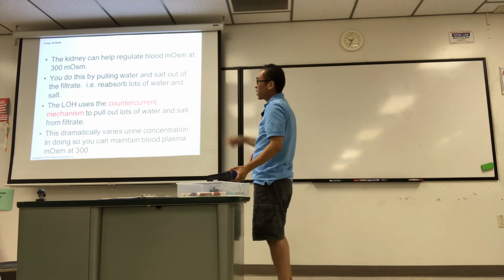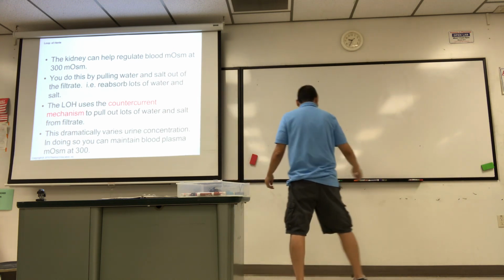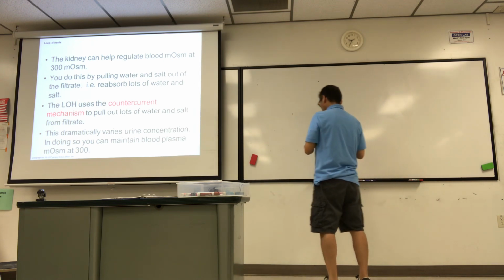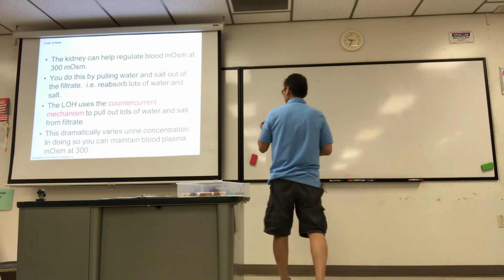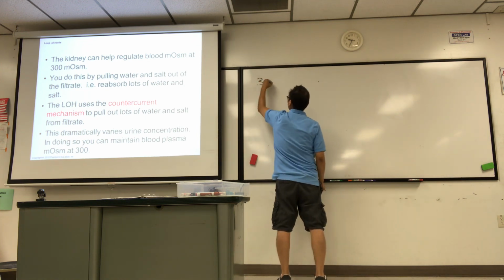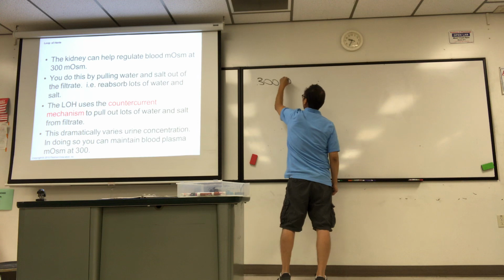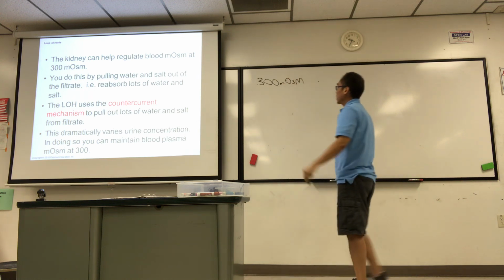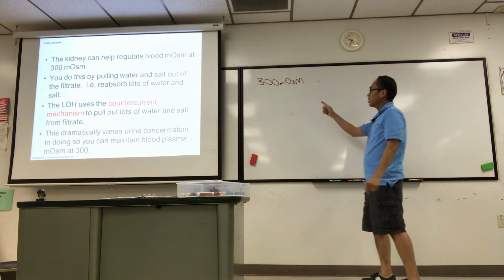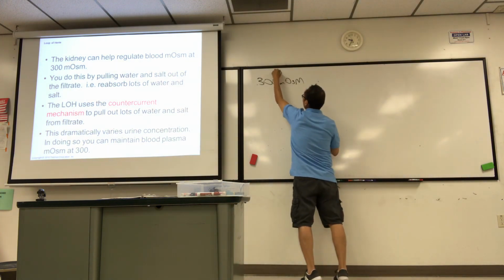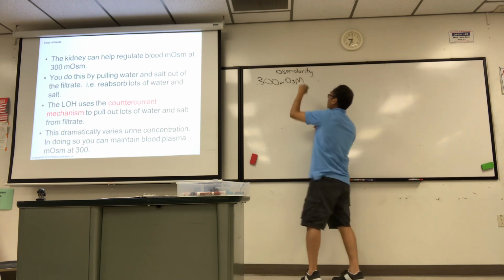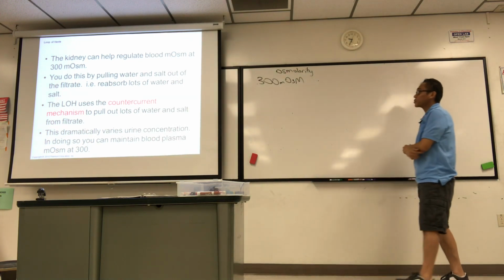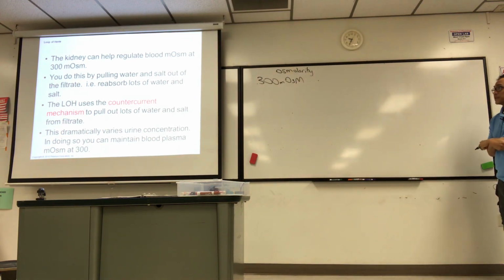Okay, so my first point, write that number down, 300 milliosmolar. Yes, those are the units. 300 milliosmolarity is pretty much a unit of saltiness. Molarity, you study in chemistry. Osmolarity is biological saltiness because everything is based on osmosis.